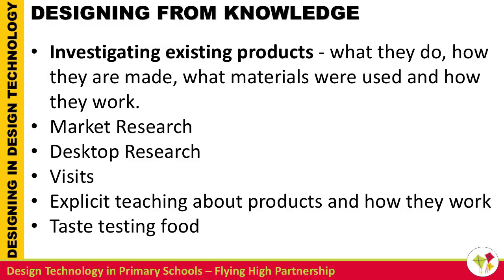Many of these types of activities are usually carried out towards the beginning of a project and are an opportunity to introduce the project, find out what children know already about a product that they may be designing, how much knowledge they are able to recall from previous units of work, and are an opportunity to add to the children's subject knowledge.